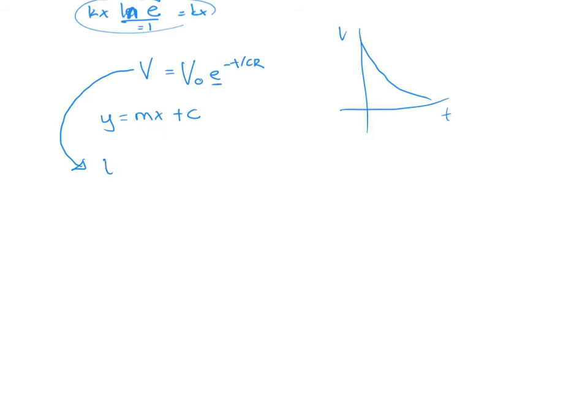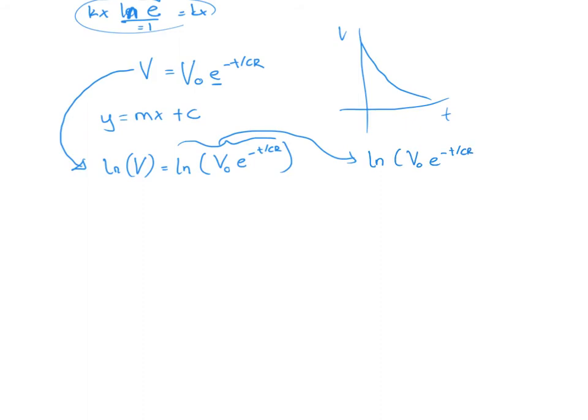So what it will turn out to be is ln V is equal to ln of V naught e to the minus t over CR. I'm just putting this in brackets so you know that I'm putting them in the equation. And here I'm going to use one of my rules. Now this is multiplication, right?